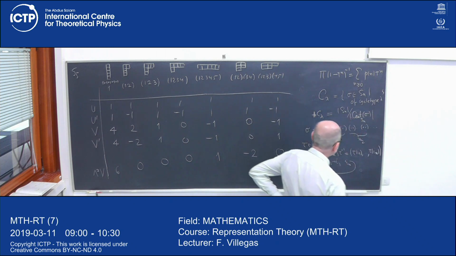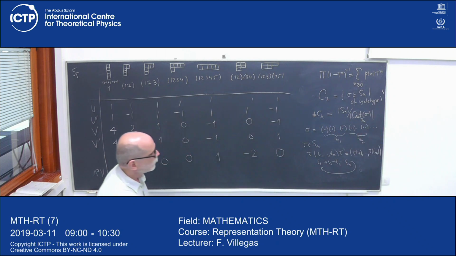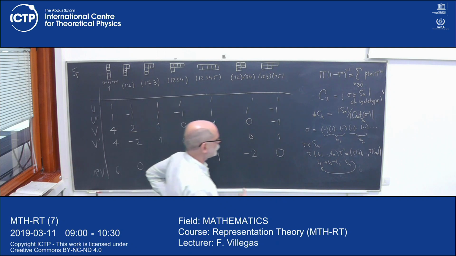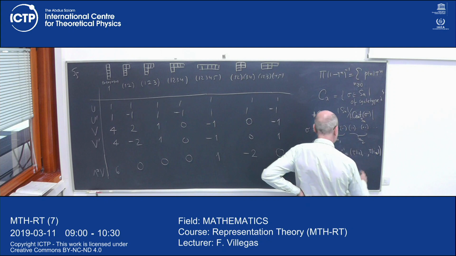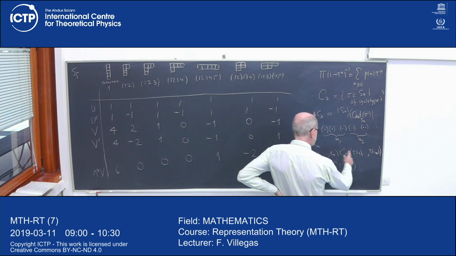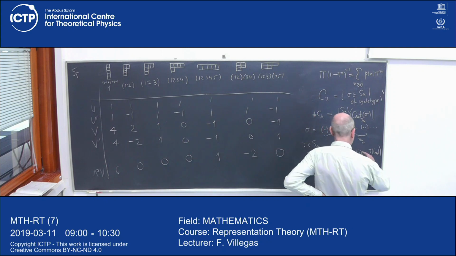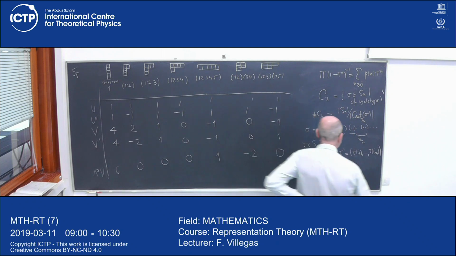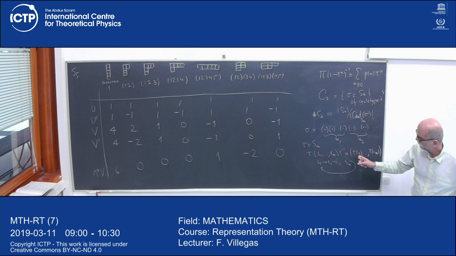So in other words, conjugation acts on an m-cycle by changing the elements of the m-cycle and keeping the same order: tau i1, tau i2, and so on. Let's see if I look at what happens to tau of i1, I think I got it right.